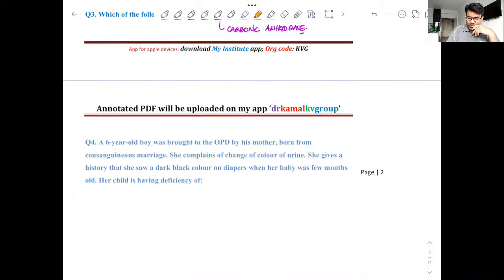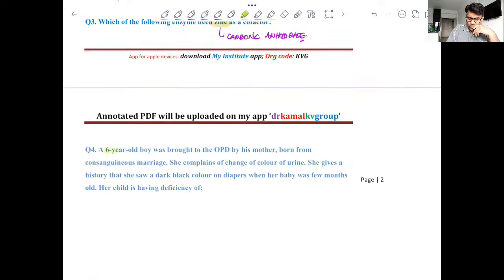Then moving forward, a 6-year-old boy was brought to the OPD by his mother, and he was born from consanguineous marriage.